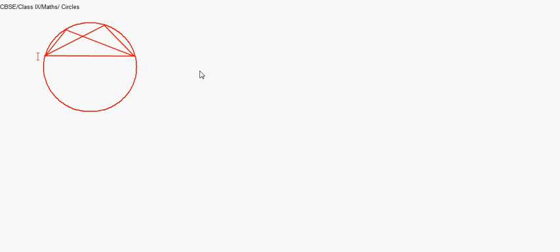This is BA. This point of intersection is marked as E. This is D, and this is C. The information says this one is angle 130 degrees and this is given to be 20 degrees.